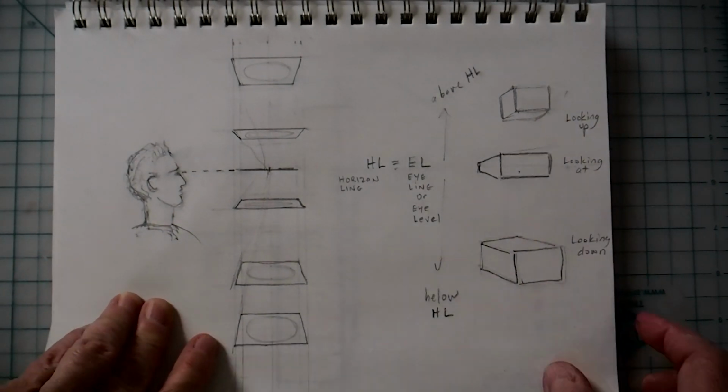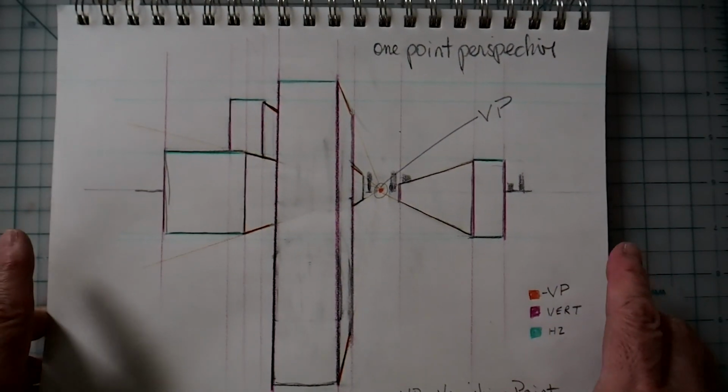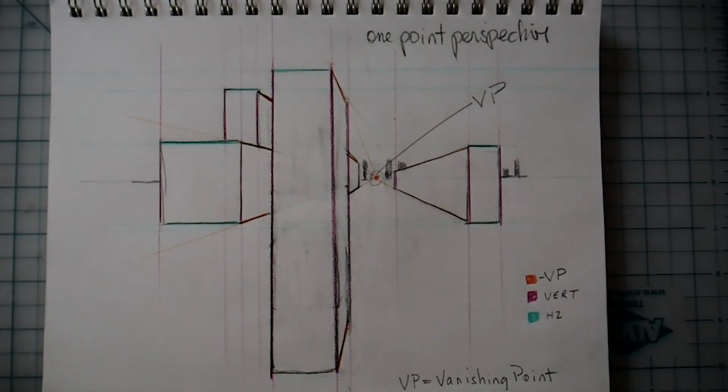Okay. So here again is 1-point perspective, where I've drawn a whole bunch of buildings in 1-point perspective. You can see that all the vertical lines, they're verticals and horizontals, and they follow the horizon line.